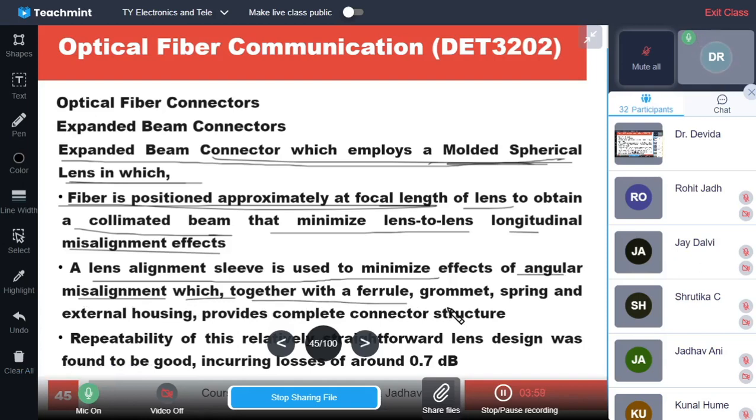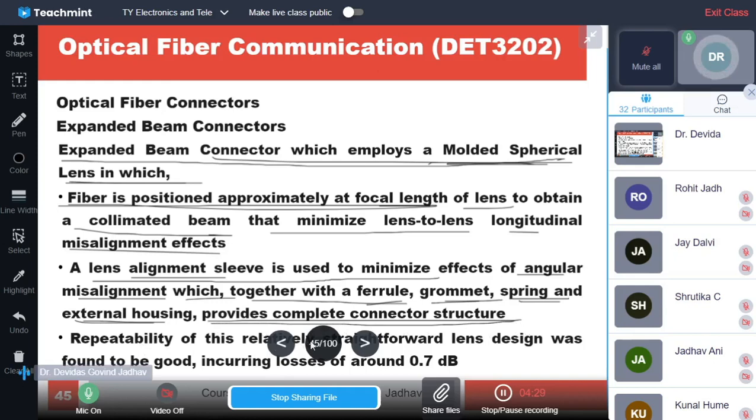Together with it there is a ferrule, grommet and spring, and the external housing, and that provides the complete connector structure.